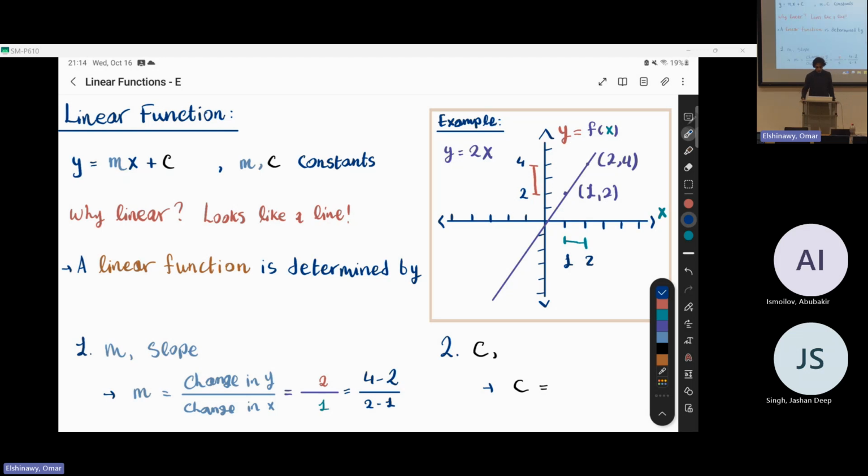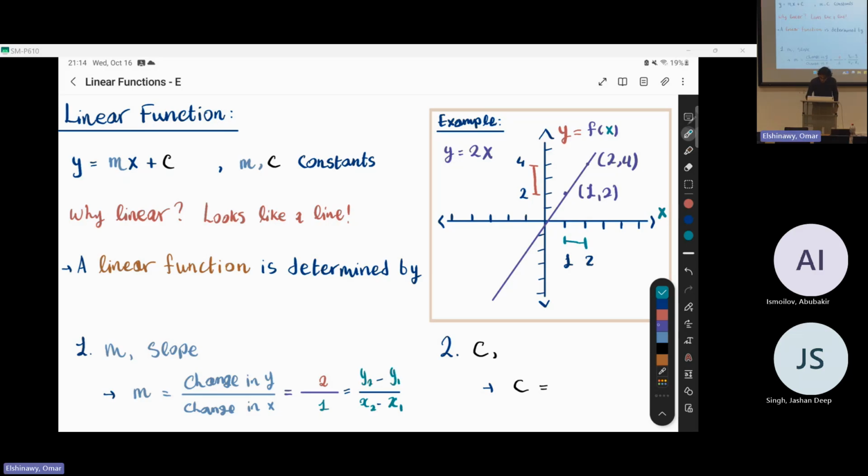And more generally, if you have any 2 points, you can just choose the 2 x coordinates and the 2 y coordinates, and compare them.